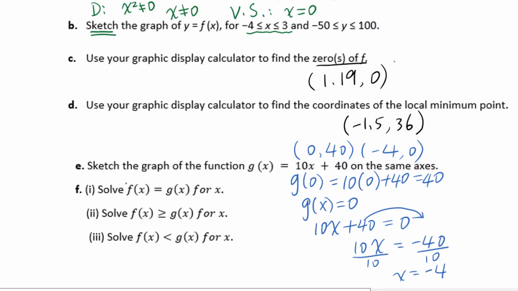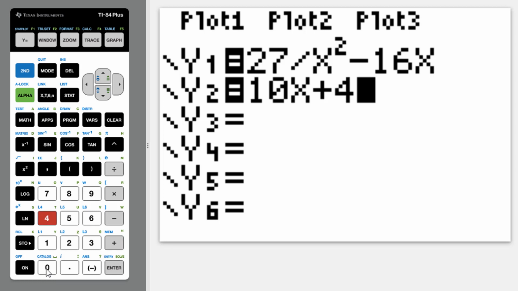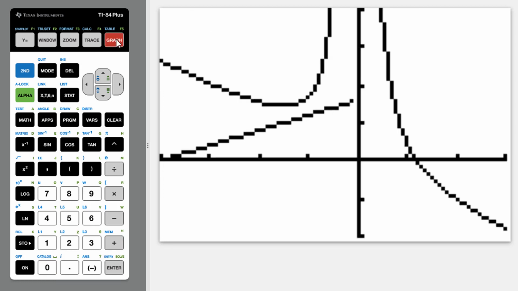Look at the f. Solve f of x equals g of x. So we put the g of x into graphing calculator to get the intersection. So go to y2, we will put 10x plus 40. Graph.